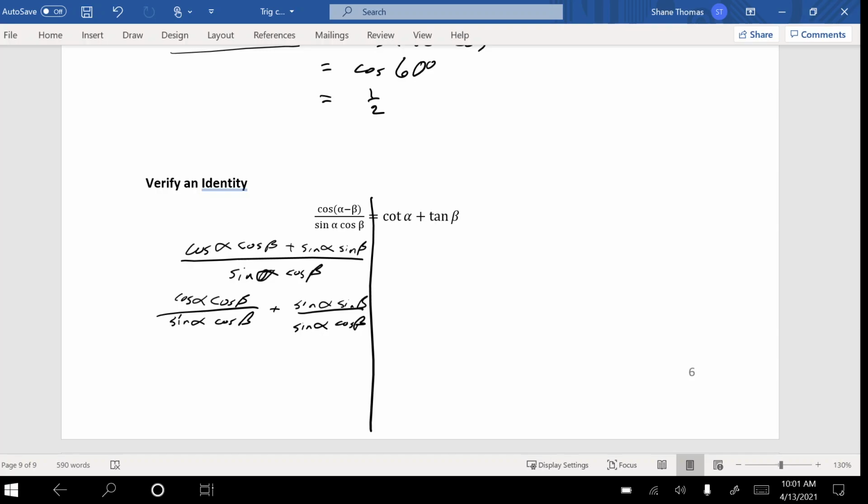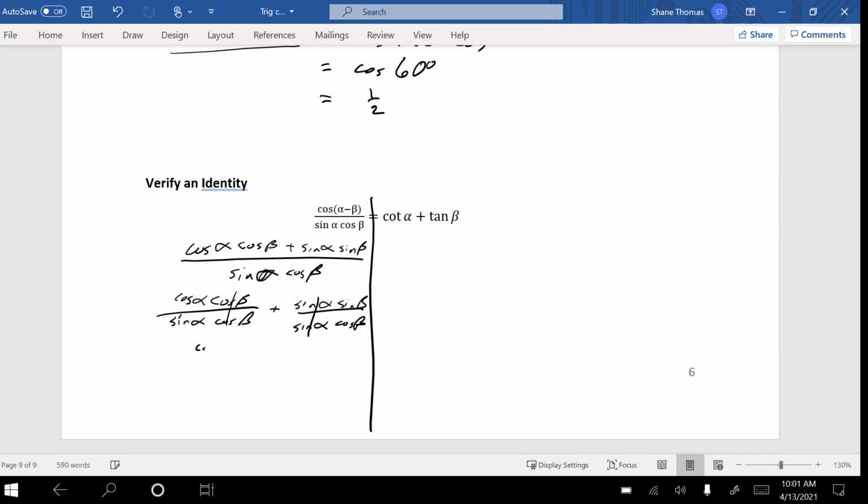So I just split it. That's why I split it, because I'm going to start slashing. All right. On the left-handed one, I got cosine of beta over cosine of beta, right? Gone. Right side, I got sine alpha over sine alpha. Gone.